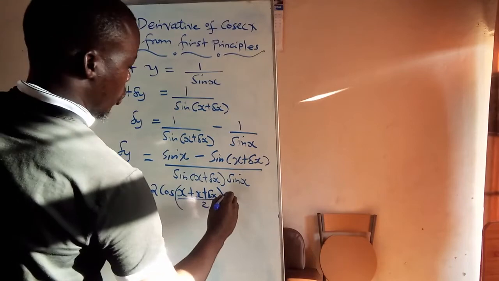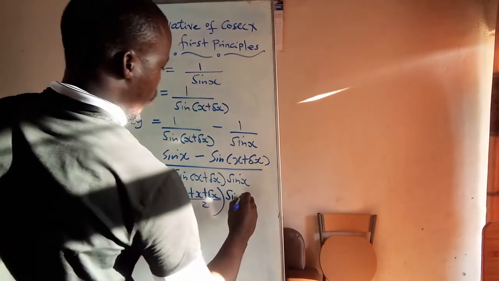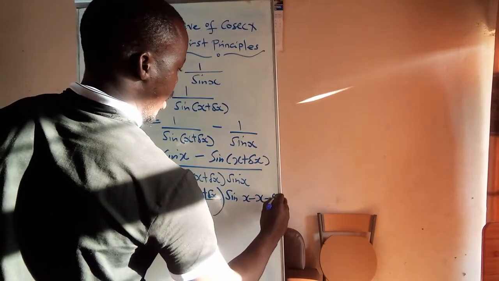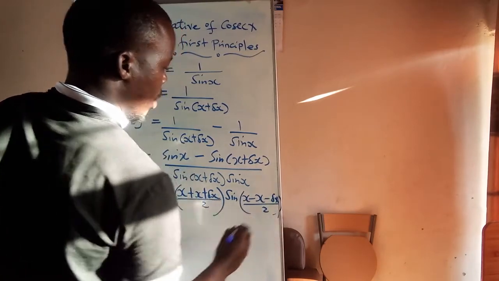Then I now say sine, I beg your pardon, that will be sine of x minus x minus delta x, all this divided by 2.